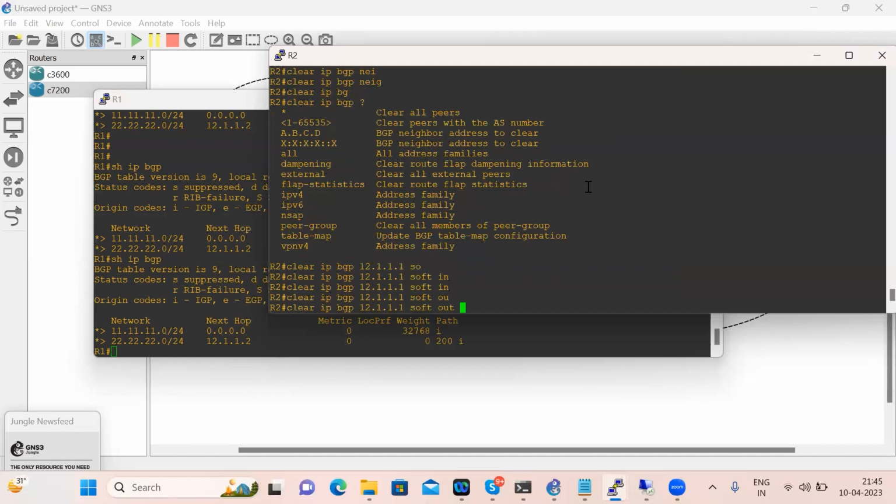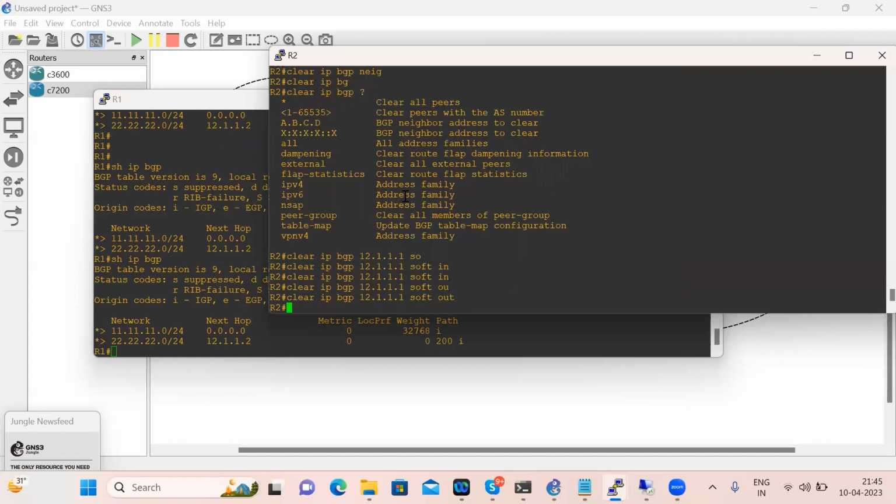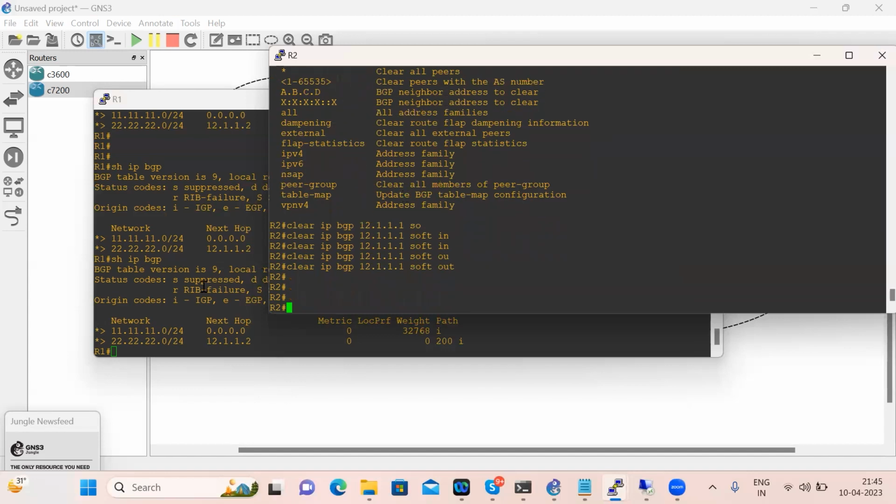This is a soft reset. And the command I gave before, clear IP BGP star, is the hard reset. So never run that hard reset in your production network.